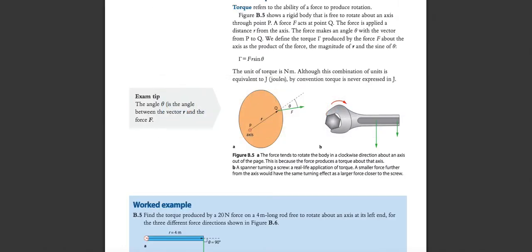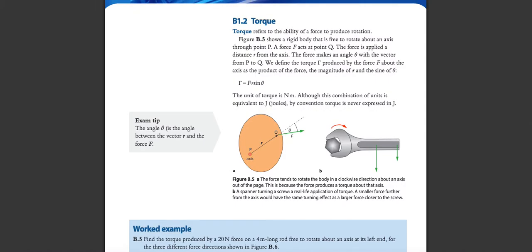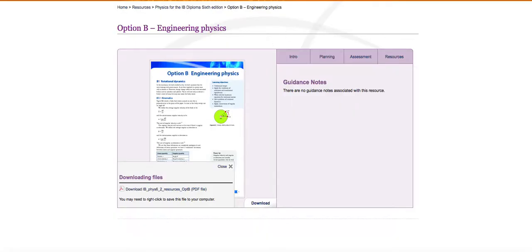What is important is that you will not find this option in your course book, because it's not in the printed version, but this is an additional resource you can find on the Cambridge web page. So all you have to do to find this is to go to Cambridge resources.